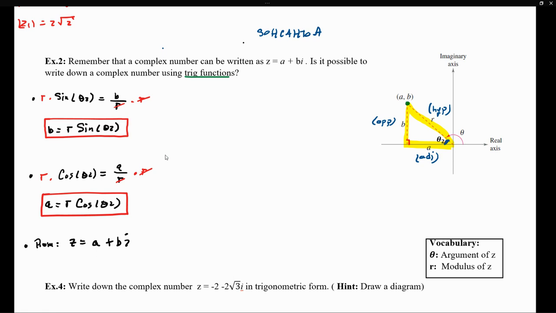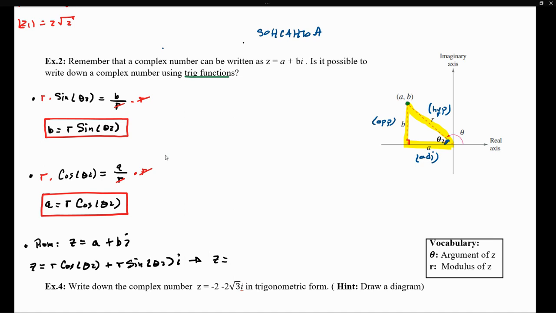So if we put it all together, now we can see that any complex number, which is z, can be defined as just r cosine of my reference angle plus r sine of my reference angle. So this is one way that we can represent complex numbers as r cosine plus r sine i. Forgot the i there.